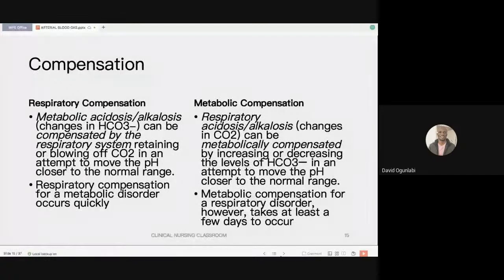So if bicarbonate is not being produced as it should, the body will be acidic. There will be acidosis in the body, because bicarbonate is what makes the blood alkaline. So when the respiratory system senses that there is a problem with the metabolic system, it also tries to compensate for that problem. That is what the compensation issue is all about.